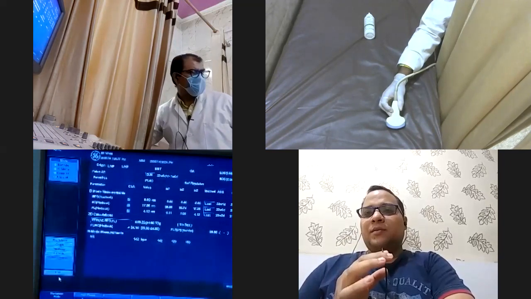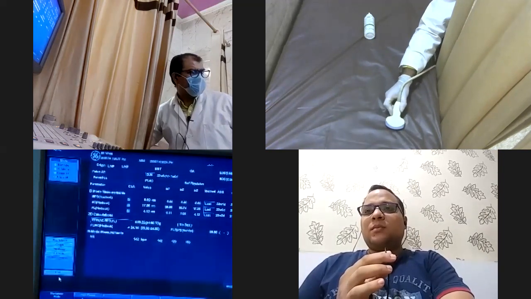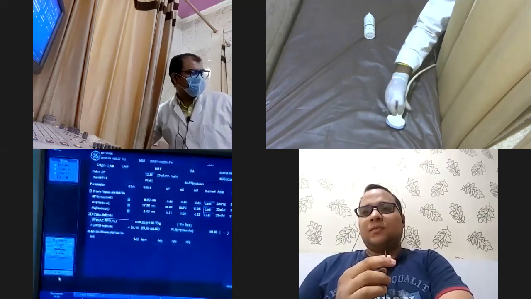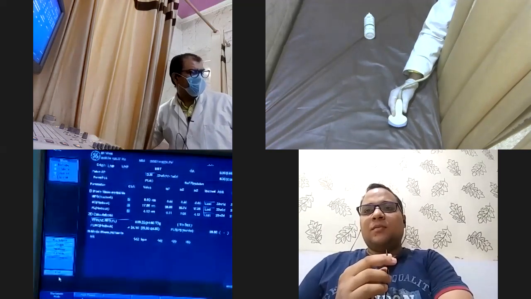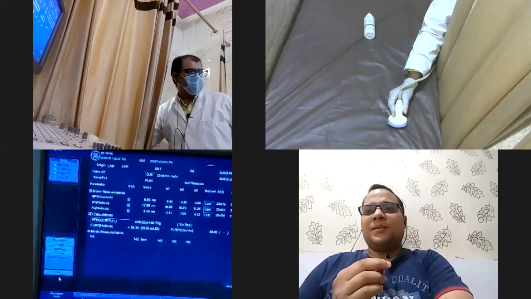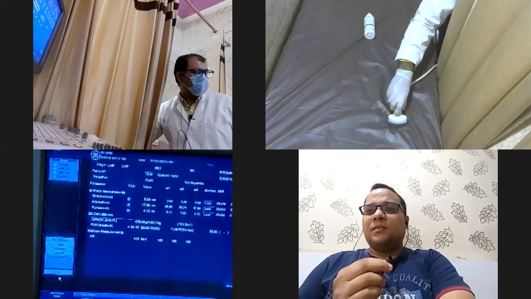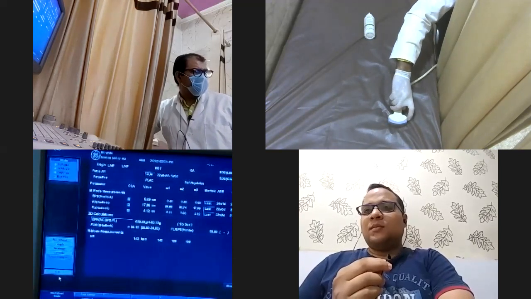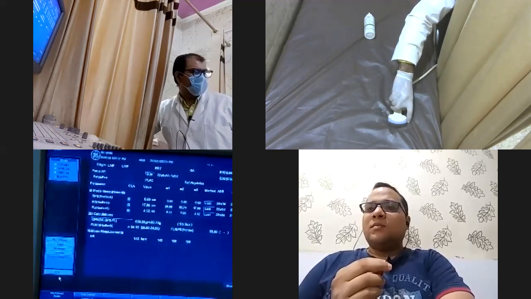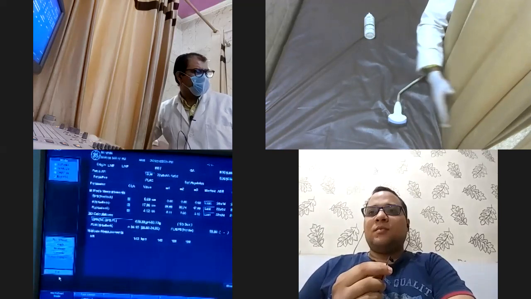This is the first important point: whether the probe should be this way or the other way will be decided by the probe marker. This probe marker should be towards the patient's right.